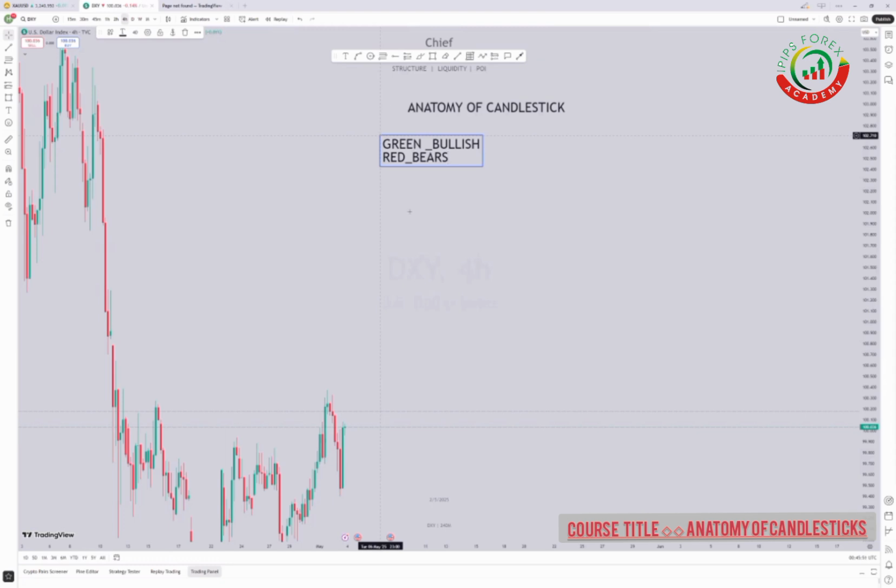Now let's show it in a diagram. I'll be using this to label a candlestick. I'll be drawing two, signifying the green candle and the bearish candle. This will represent the bull, which is in green color.